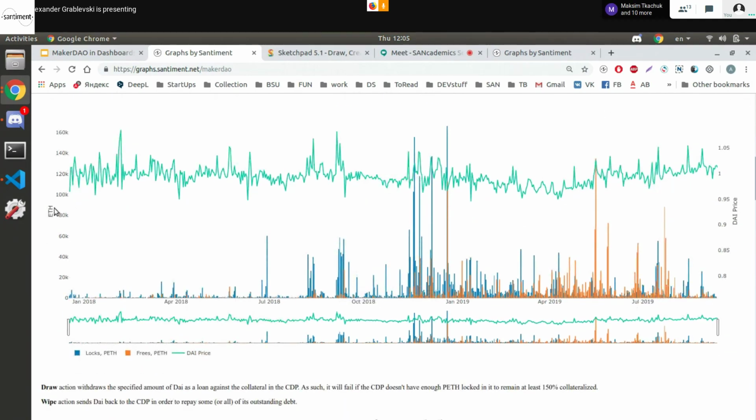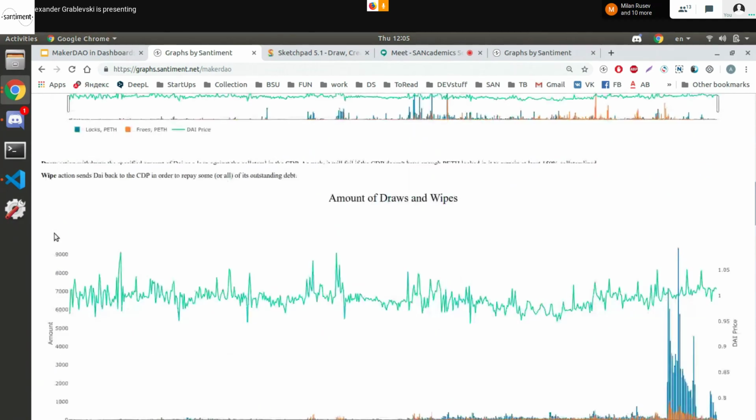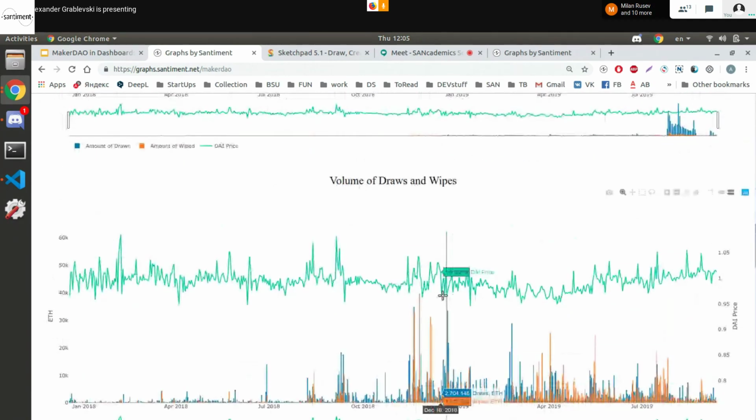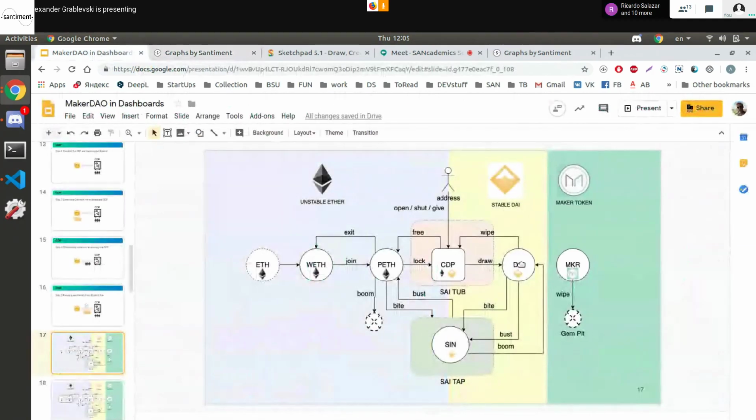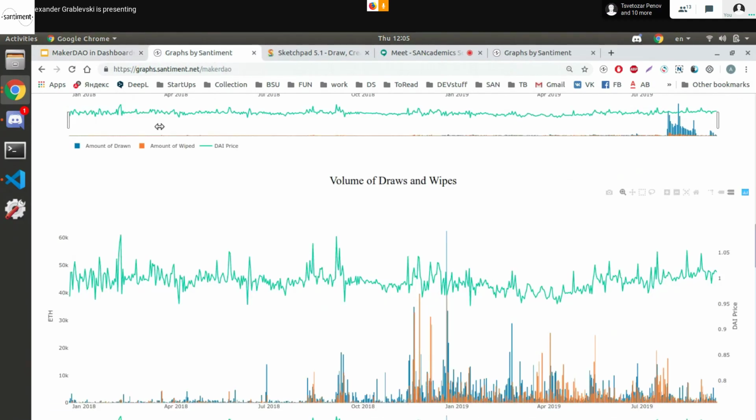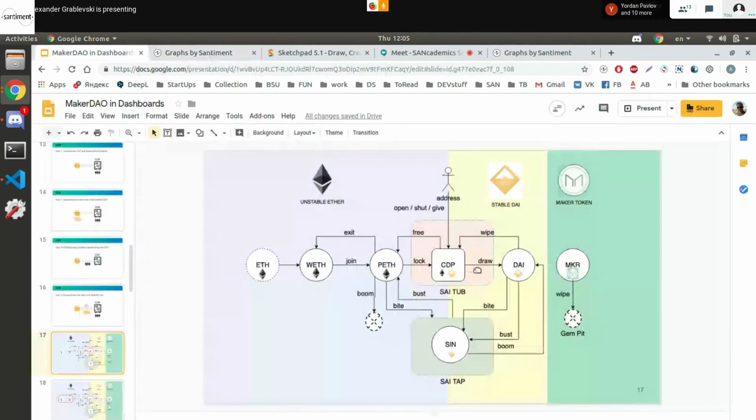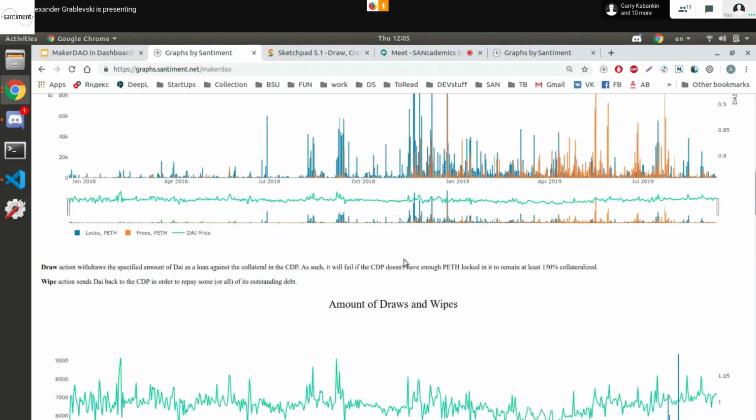The reason why we put DAI first is because you also have a volume of drawn DAI, and these events happen with DAI only. And the most common use case is to compare the volume that has been locked and that has been drawn. So you actually want to see how many pooled ETH tokens are locked, but DAI wasn't generated from them. You can compare it when you see it in ETH on this graph or in DAI.